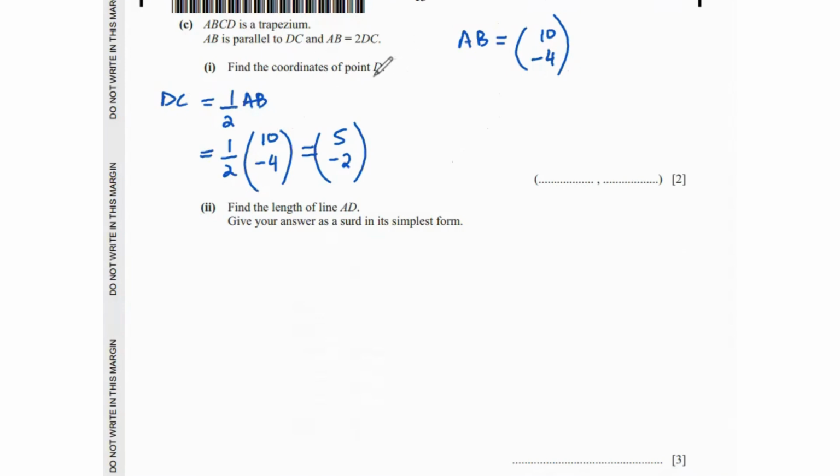So the coordinates of C were found to be (3, -3). So OC was (3, -3). To find the coordinates of D, DC equals OC minus OD.